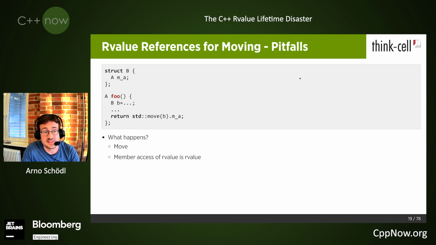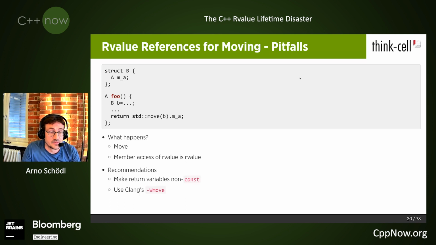You don't have to write the move around the b.m. And if you think about it, it kind of makes sense to write it this way, because you are marking the b as the thing that you don't need anymore. That's the thing that's going out of scope. That it contains a member, well, it could contain something else, but you really want to say the b is what I don't need anymore because it's going out of scope.